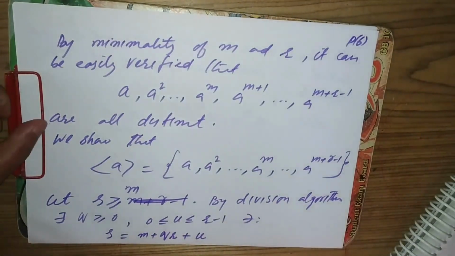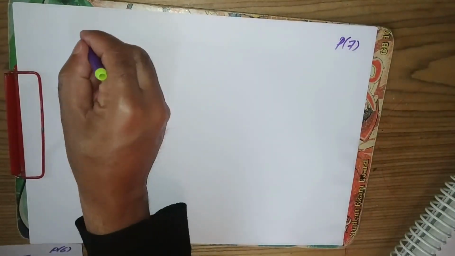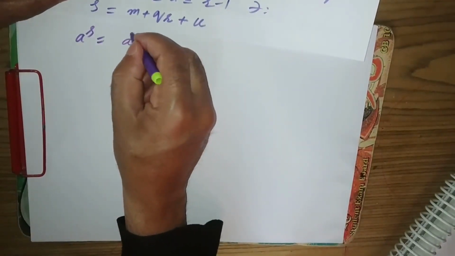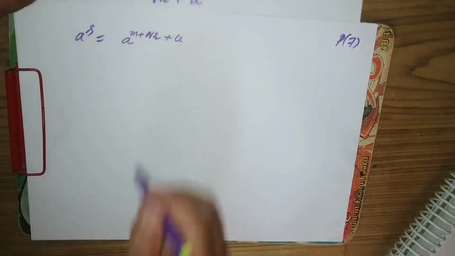Okay, so this gives a power s is equal to a power m plus qr plus u.